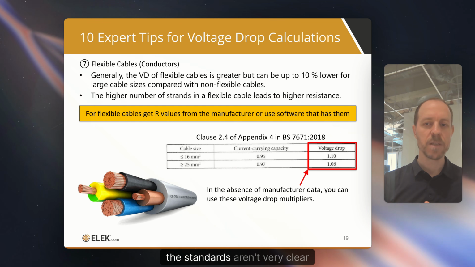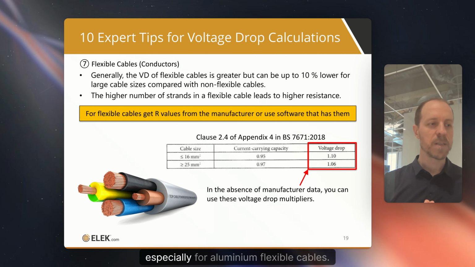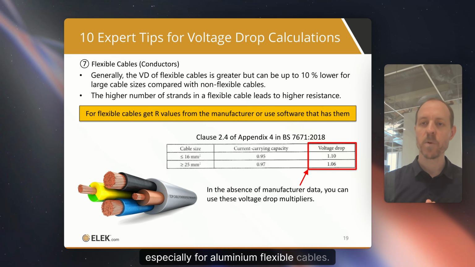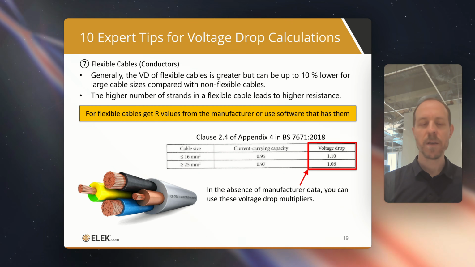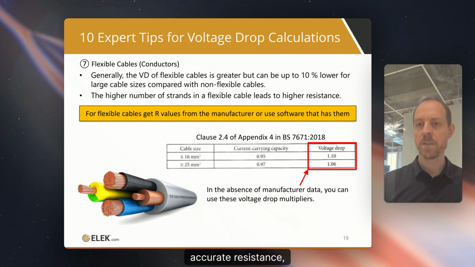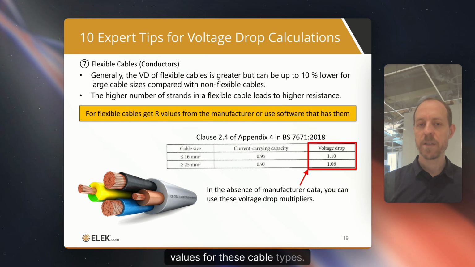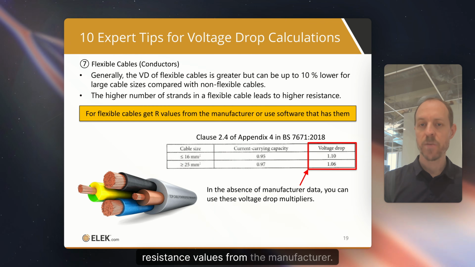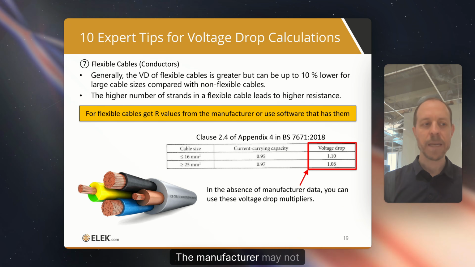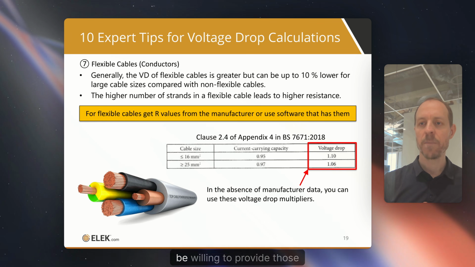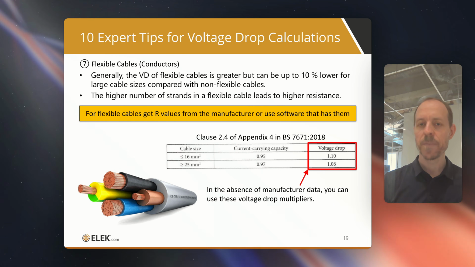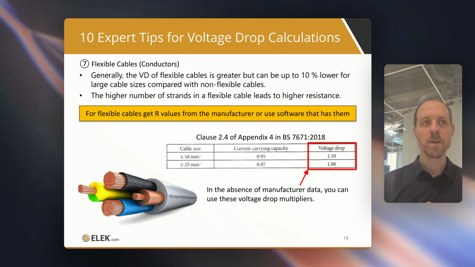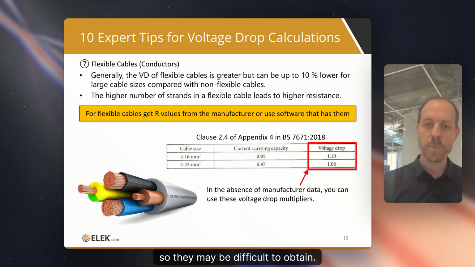However, the standards aren't very clear, especially for aluminium flexible cables. They don't provide accurate resistance values for these cable types. Therefore, you need to obtain resistance values from the manufacturer. The manufacturer may not be willing to provide those values, and so they may be difficult to obtain.